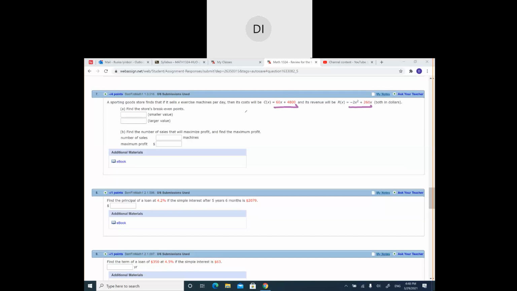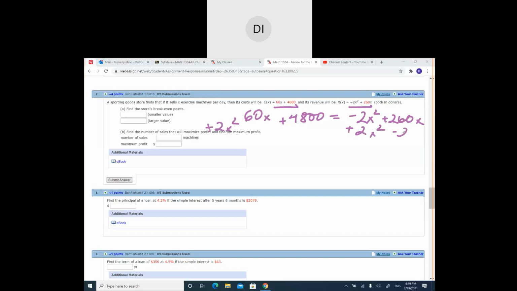So I'm going to start with 60x plus 48 hundredths equals negative 2x squared plus 260x. I'm going to add 2x squared to both sides, because it's a negative, so I add it to move it over.